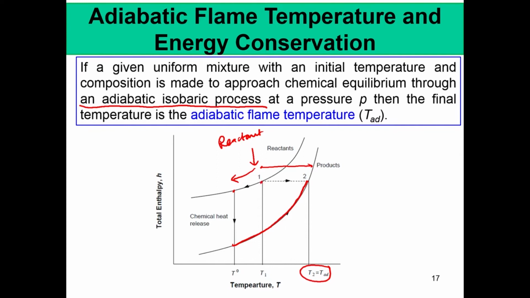Okay. So, please remember that there is no additional energy coming from anywhere else. It is a chemical energy that is converted into sensible enthalpy, okay, and that energy conservation between the reactants and the products gives you the adiabatic flame temperature.